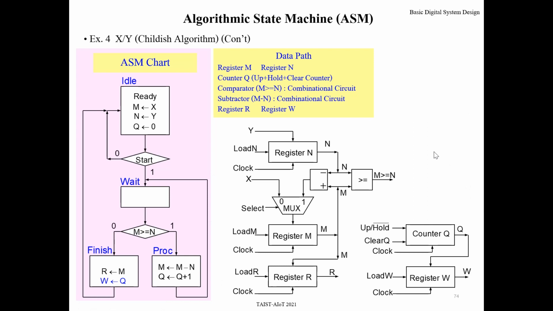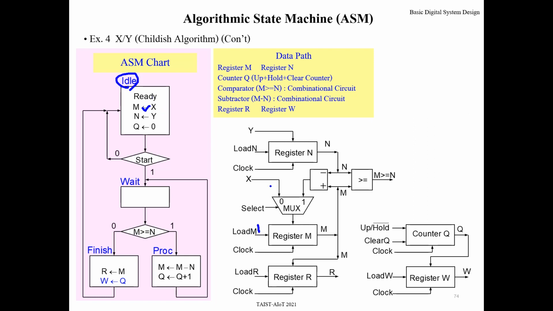Well, now how to control this signal. Okay. How to assign or apply this signal? For example, at this state, load M should be active. So it's active high, then it should be 1.